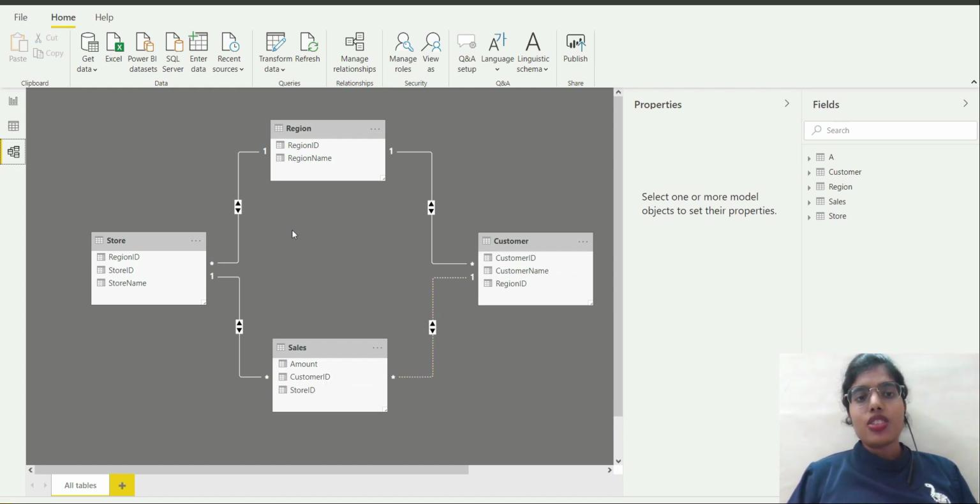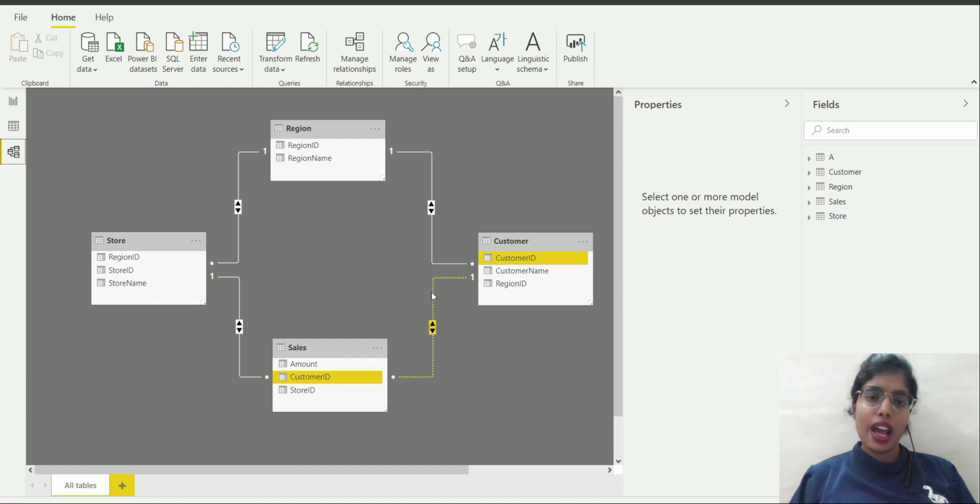So why? These solid lines are saying that these relationships are active relationships, and the dashed relationship, represented by this dashed line, is an inactive relationship. So why is this inactive?